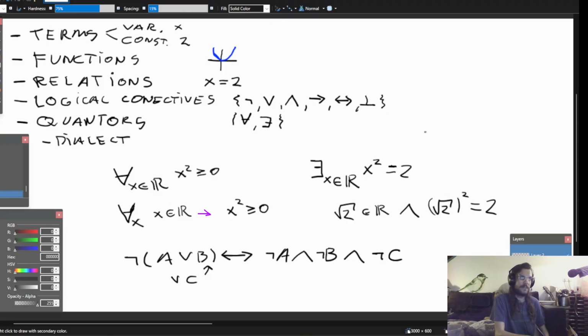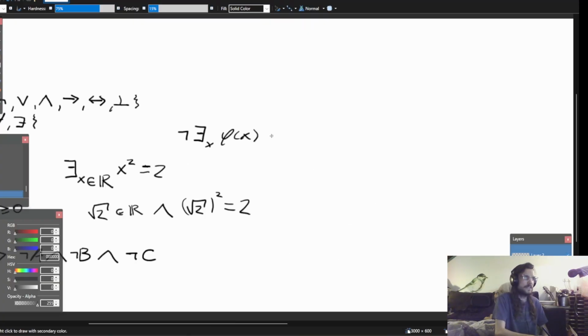So if you have not for all, not there exists x, phi x, where phi x is some string that takes in x and returns a true value. So this could be x squared is 2. This thing is the same as for all x, not phi x, which makes sense if you think about it. So you can kind of flip the negation symbol over here.